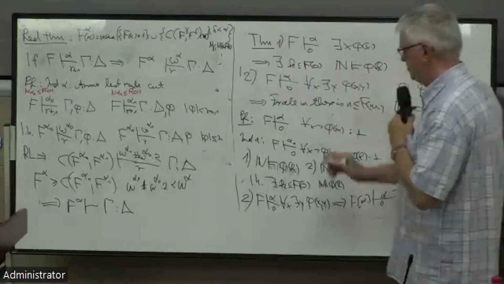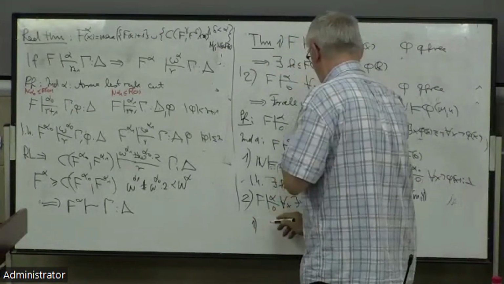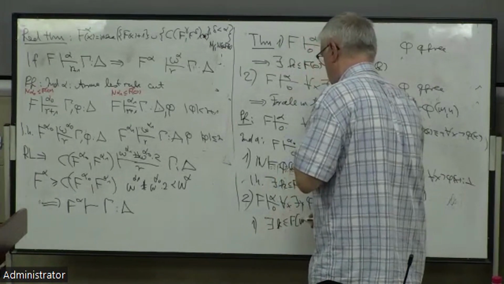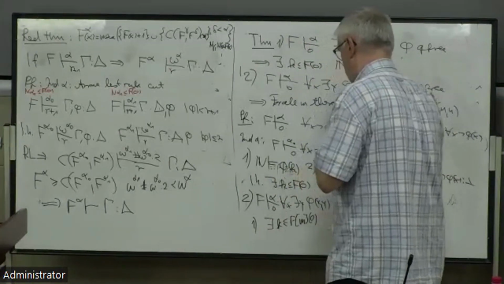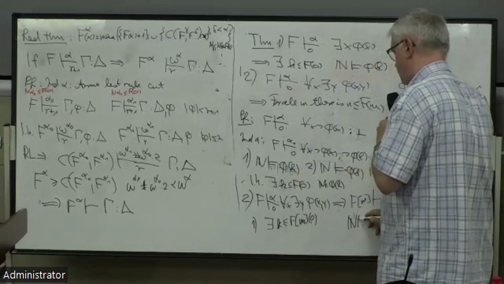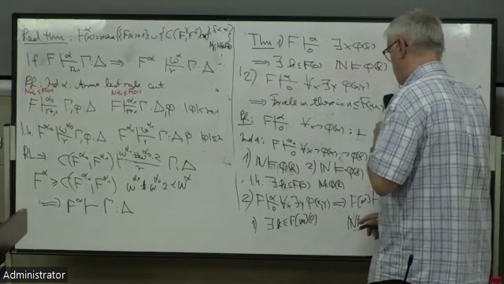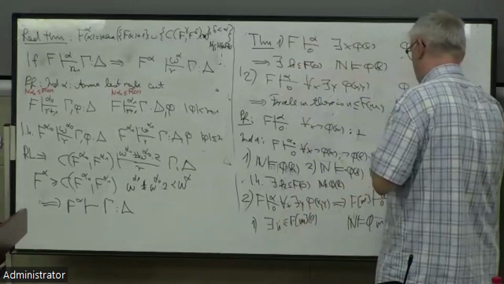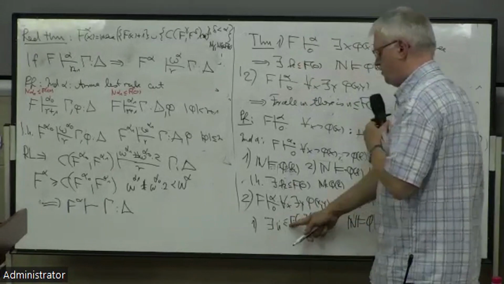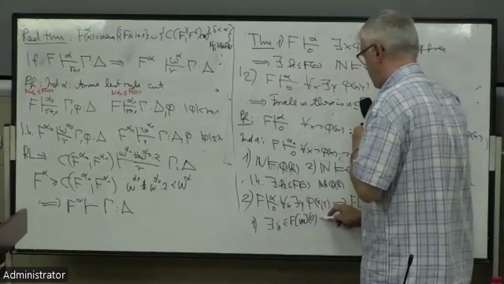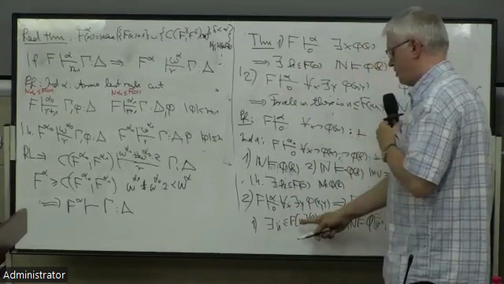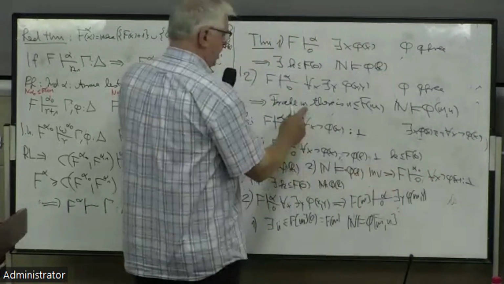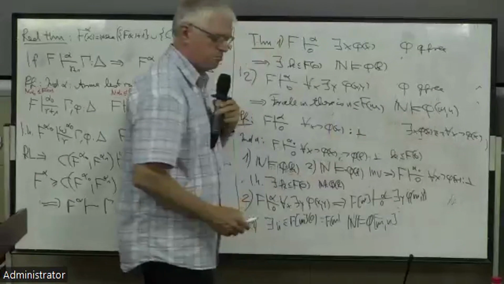So by 1 there will be a k less than or equal to f of m of 0 such that in the standard model we have phi of, call it n maybe, phi of m and n. And f in brackets m applied to 0 is nothing else than f of the maximum of m and 0, so this is m. So for all m, there is an n such that phi of m and n is true.